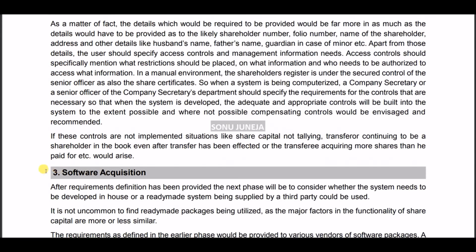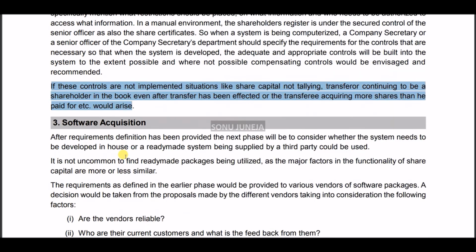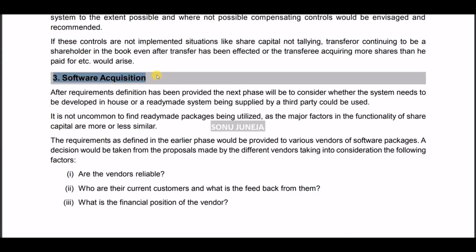Now, if the controls are not implemented, situations like share capital not tallying, a transferor continuing to be a shareholder in the book even after the transfer has been effected, or the transfer requiring more shares than were paid for, will arise.